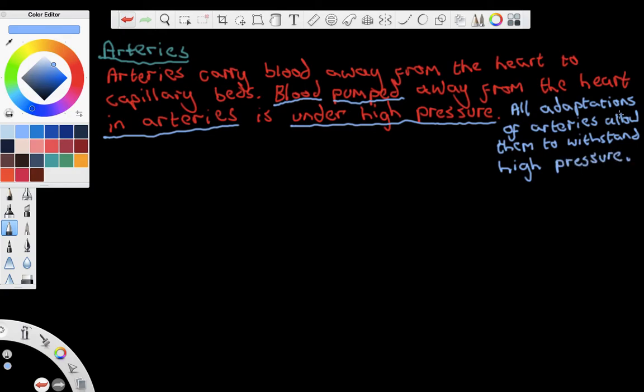So the arteries pump blood away from the heart under high pressure, and all of the adaptations that the arteries have allow them to withstand this high pressure. Okay?